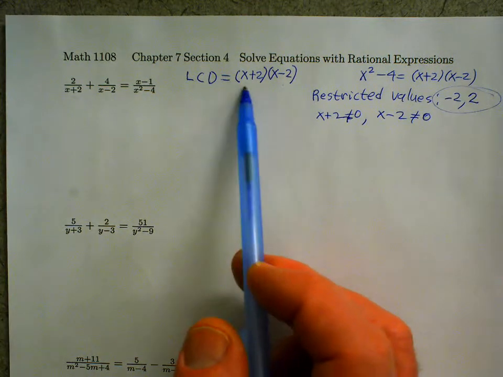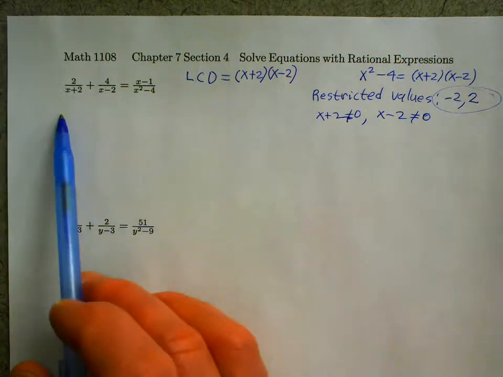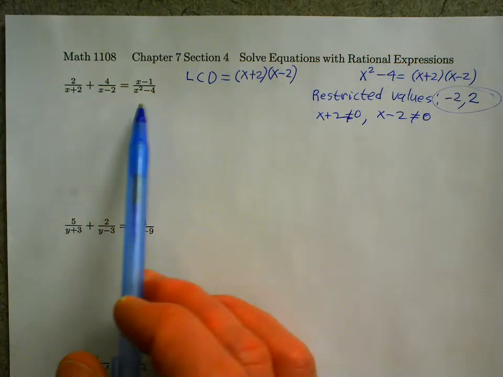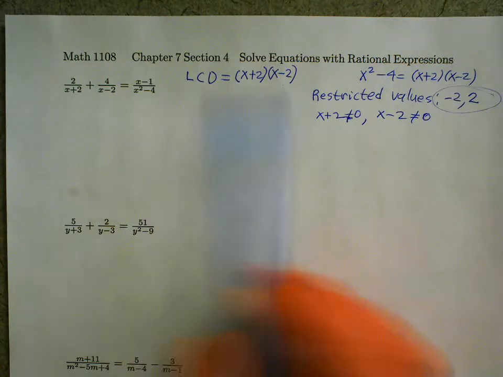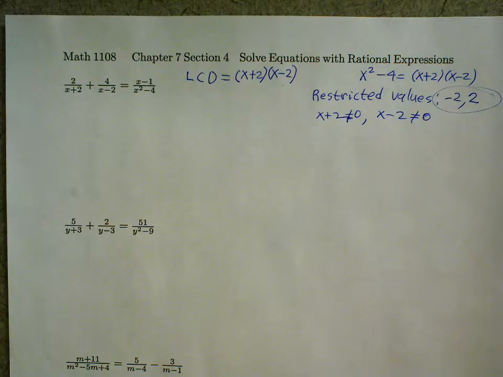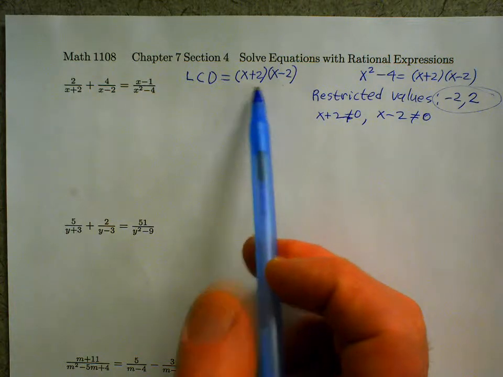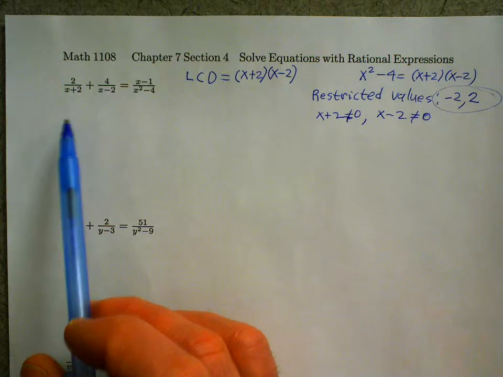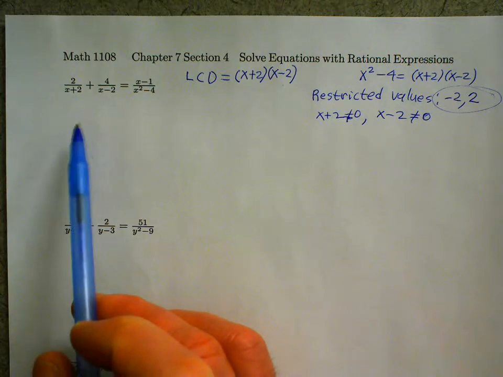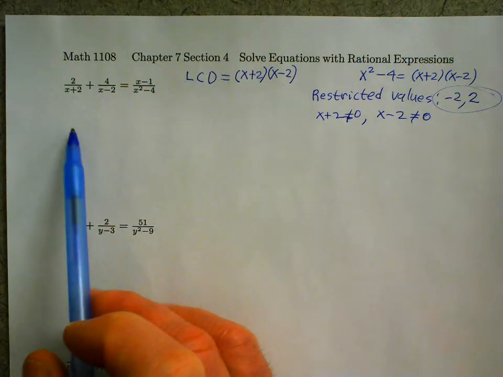All right, the next thing to do is multiply every term on both sides of this equation by the least common denominator. When we do so, the result will be an equation with cleared denominators.